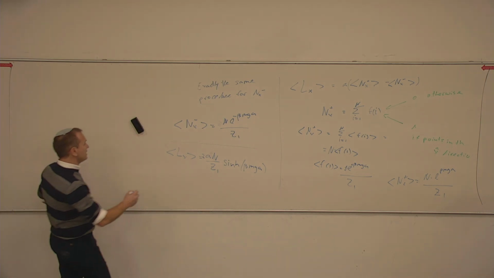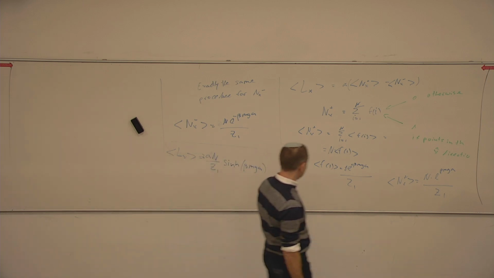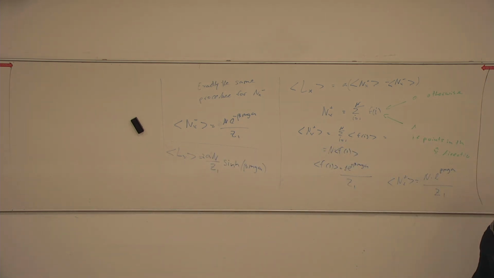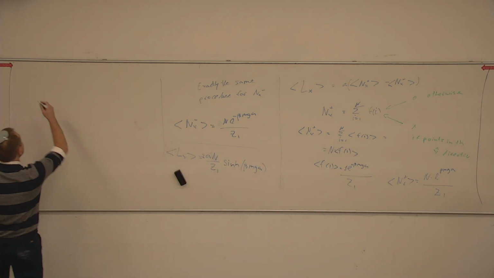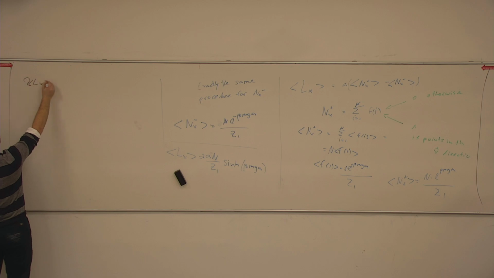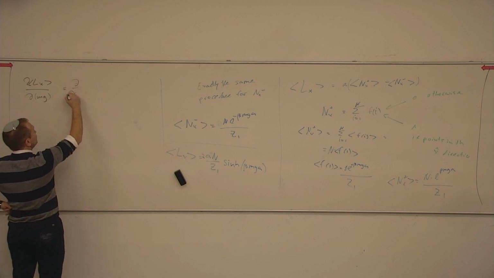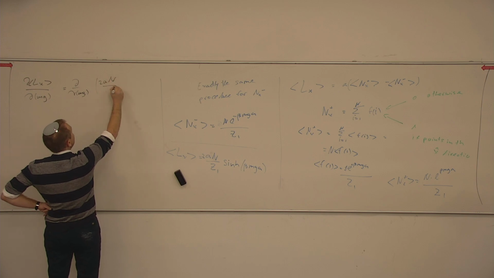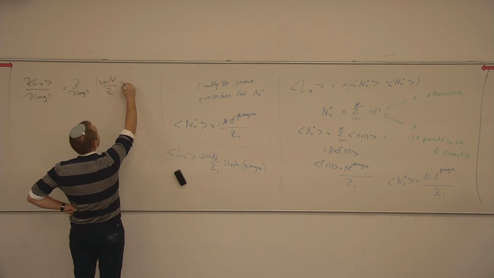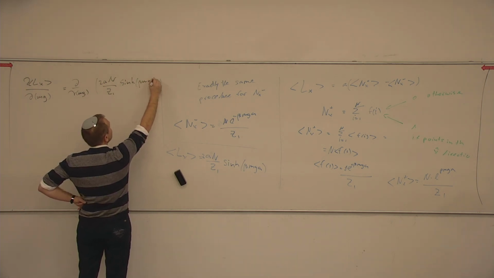All right, and the idea was to take this result and compute the derivative with respect to mg. So we want to compute d Lx average over d mg, which is d over d mg of 2an divided by z1 times hyperbolic sinus of beta mga.